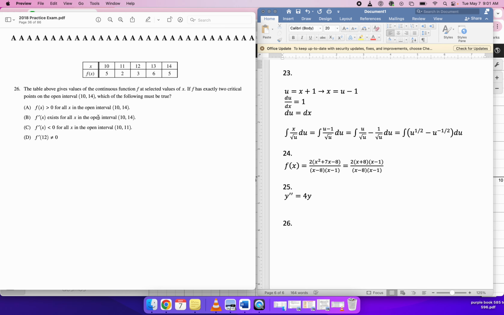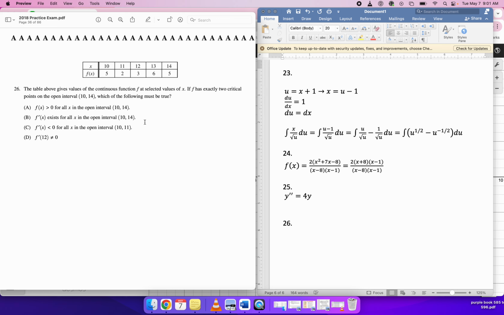C, f prime is negative for all x in the open interval. Again, I don't see why that would be. Oh, for all x in the open interval 10 to 11, huh? Maybe.